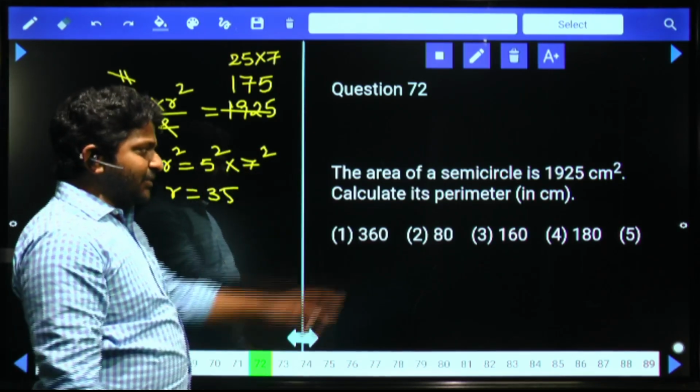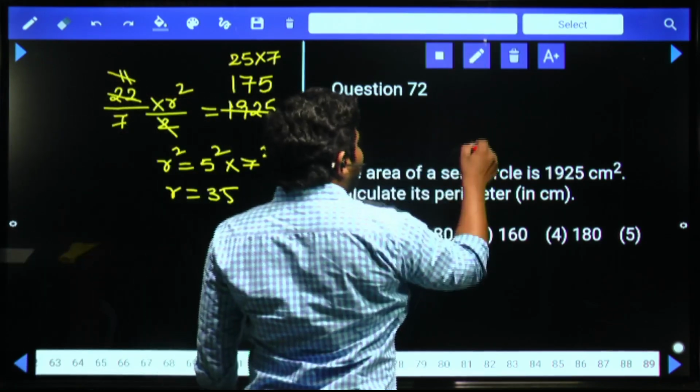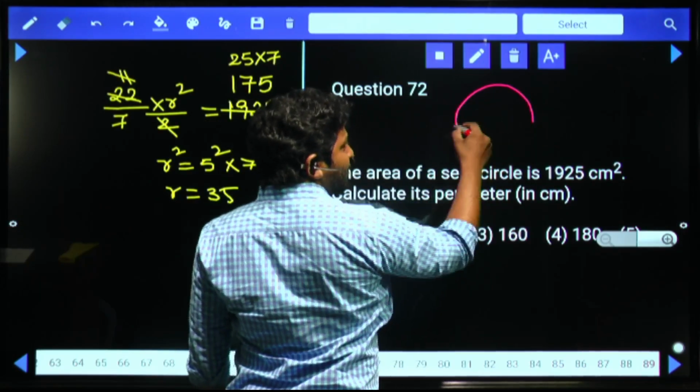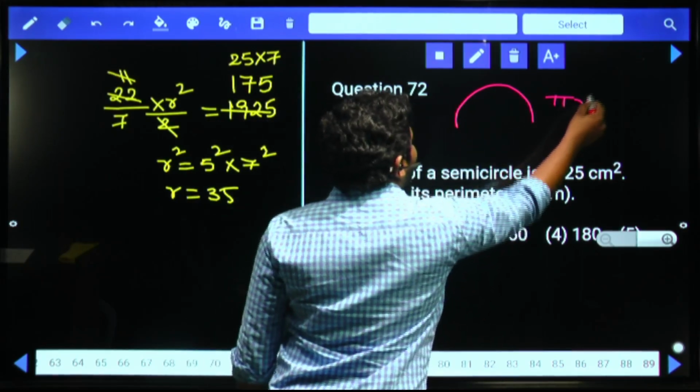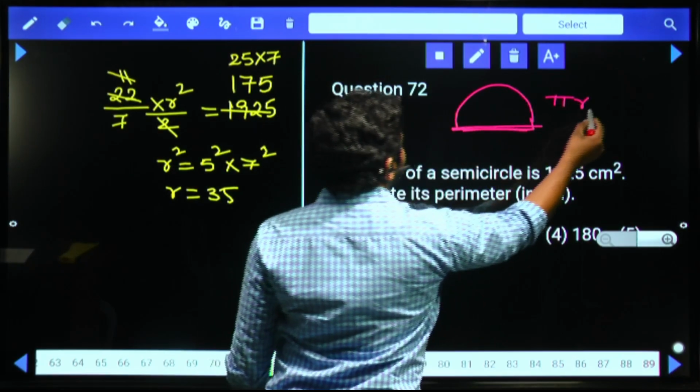But now your question is to identify perimeter. For a circle, perimeter is equal to 2 pi r, but you have a semicircle. So this value is pi r, and then we have to consider this also. This is the diameter, or you can say 2r.